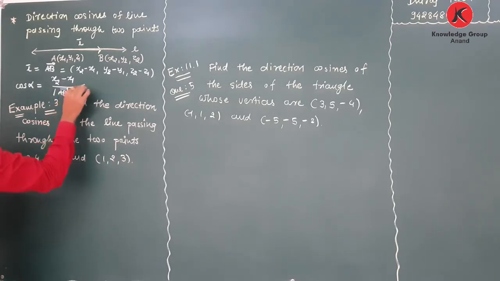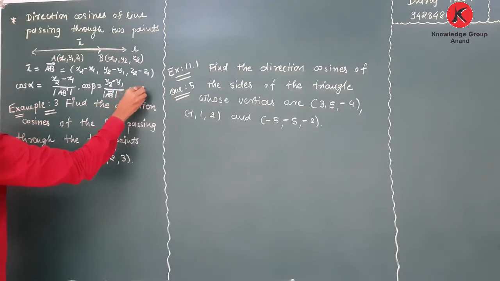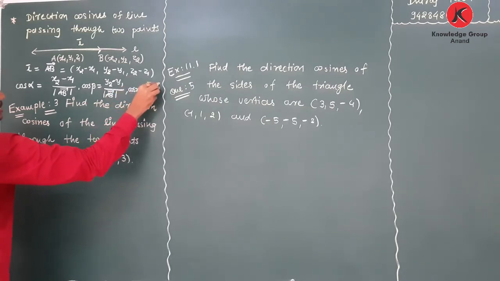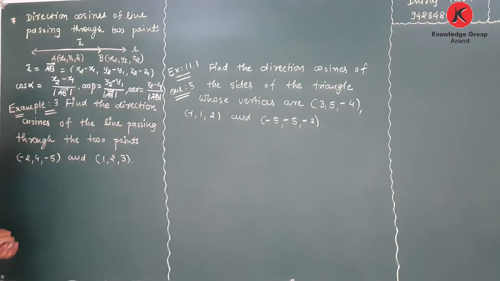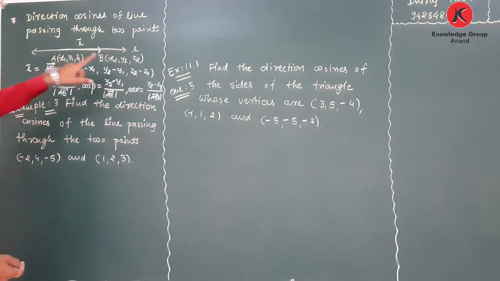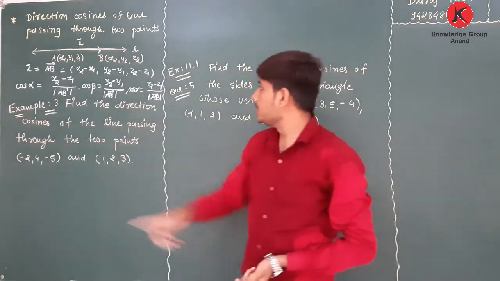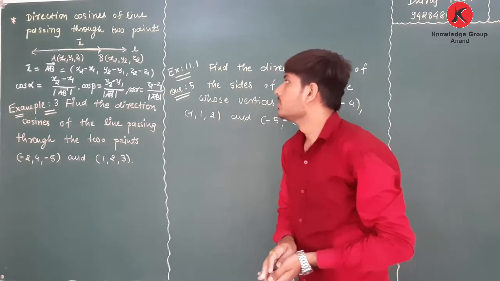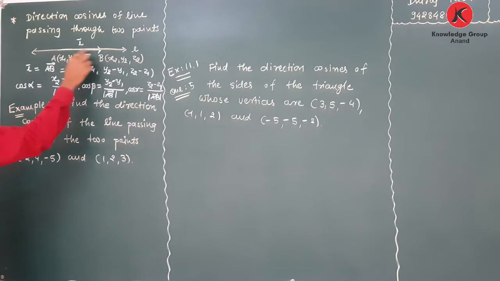In the same way, cos beta equals (y2 minus y1) divided by the magnitude of vector AB, and cos gamma is given by (z2 minus z1) upon the magnitude of vector AB. These are the direction cosines of a line passing through two different points A (x1, y1, z1) and B (x2, y2, z2). Here AB vector is the direction of the line.